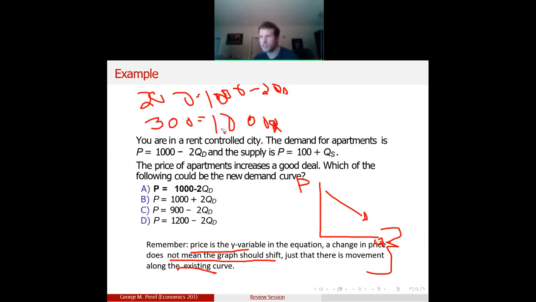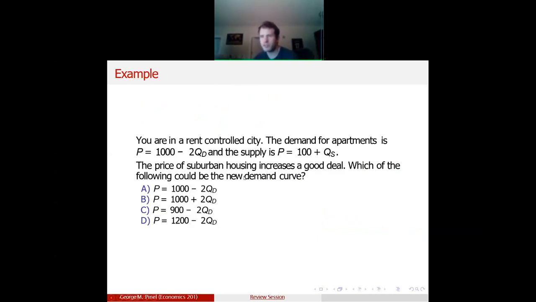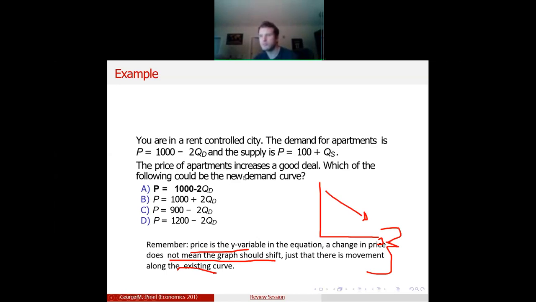But I'm not changing the demand function. Oh, why can't I erase? Oh, cool. I'm not changing the demand function. I'm just changing the realization of it. I'm just changing where the P and the Q are on the function. It's the same line.